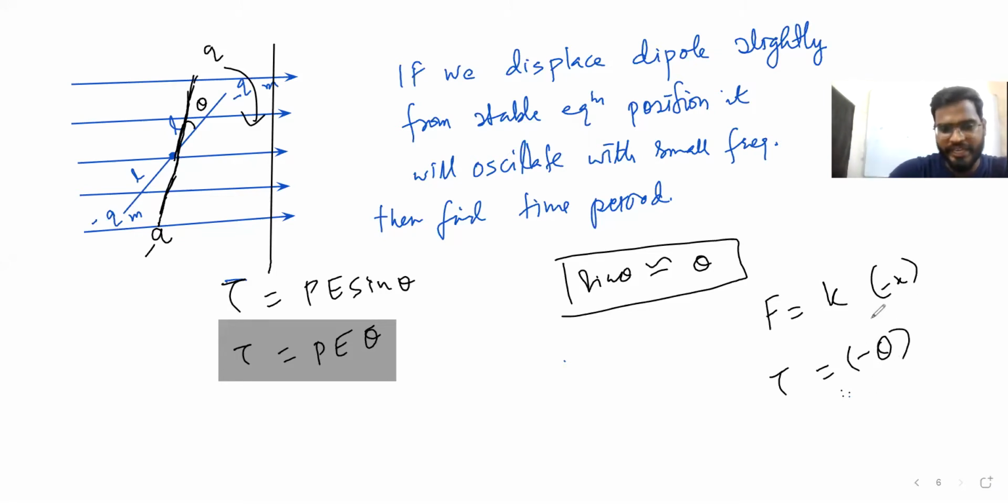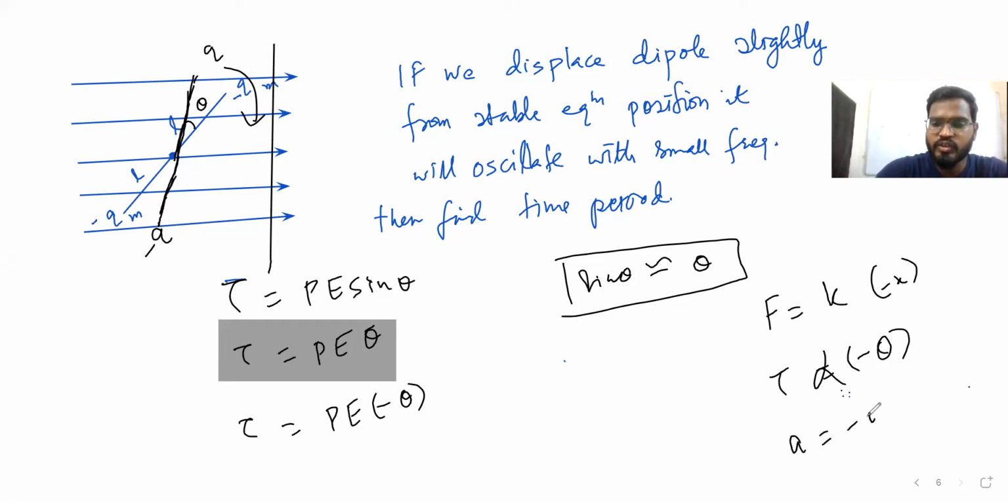So technically we can write torque as PE into minus theta, because both are acting in different directions. Torque is clockwise, but theta is going anti-clockwise. So torque is directly proportional to minus theta. Second, we can say a is equal to minus omega square x, so alpha is going to be minus omega square theta, right? Now we can say torque is equal to minus PE theta.